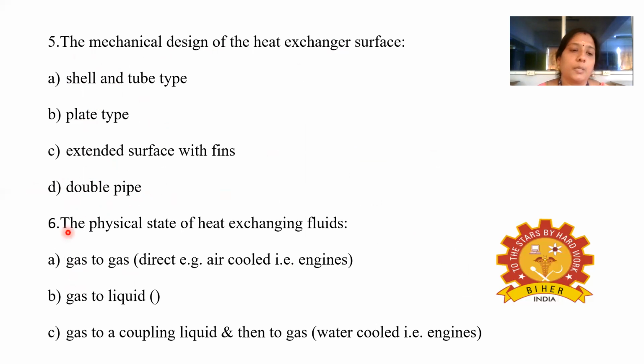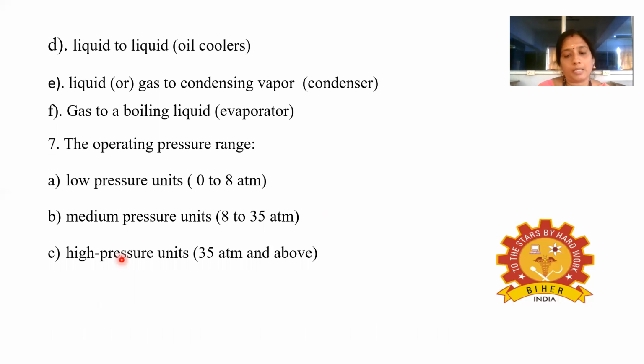And the next is based on the physical state of the fluid, through which the heat is exchanged or transferred, or by which the heat is absorbed. Based on that, we can classify it into gas to gas heat exchanger, or gas to liquid heat transfer, then gas to gas, and liquid to liquid.